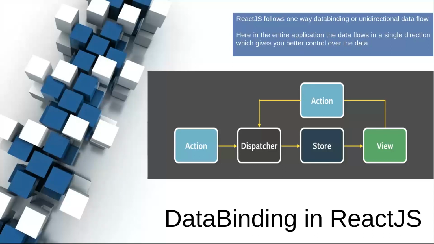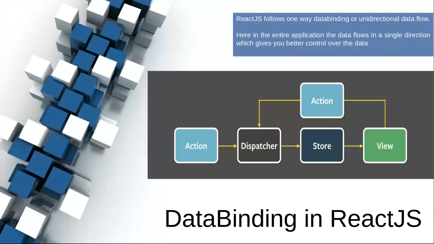Now there can be one or more actions, and depending on the actions, the output is sent to the dispatcher. So, if there are n number of actions, then n number of outputs are sent to the dispatcher, and from the dispatcher the changes are then made onto the store.